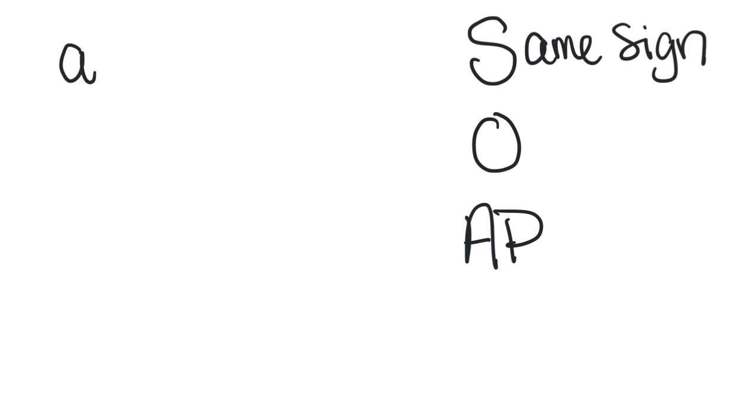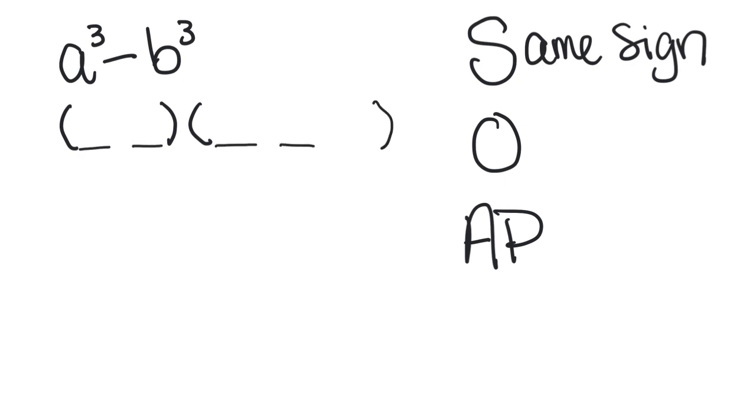So if my problem looked like a cubed minus b cubed, in my final answer, I'm going to have a short group with 2 things and then a longer group that has 3 parts. Okay, so when I say same sign, I mean same sign. So this will have a minus in it.